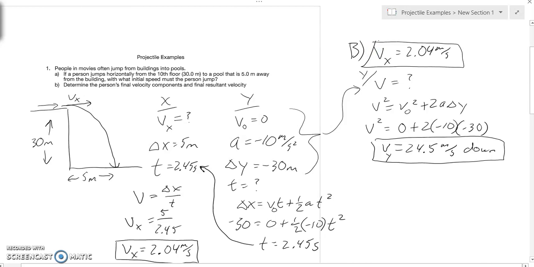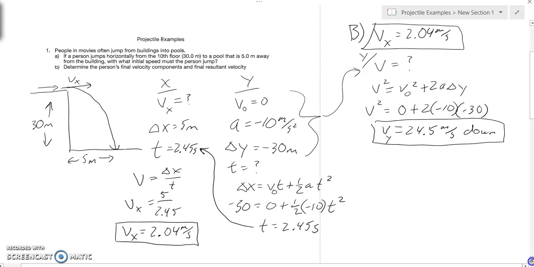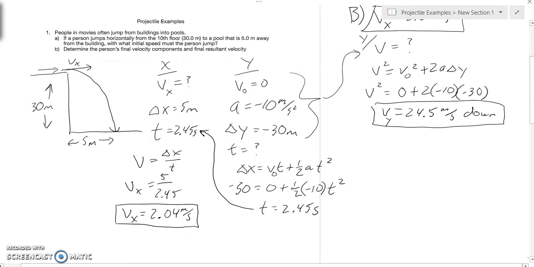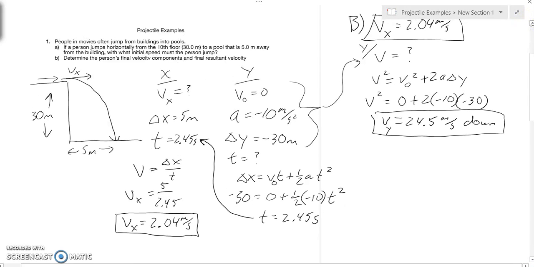Okay, to get the total velocity, I'm going to redraw these vectors. So we have 2.04 in the x, and then in the y, I've got 24.5 meters per second. So the resultant, again, always start at the start, end at the end, so that's going to be the final velocity.